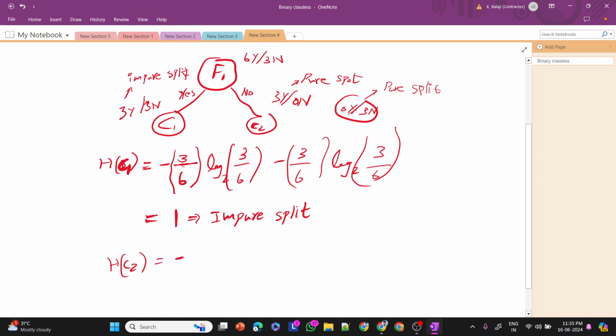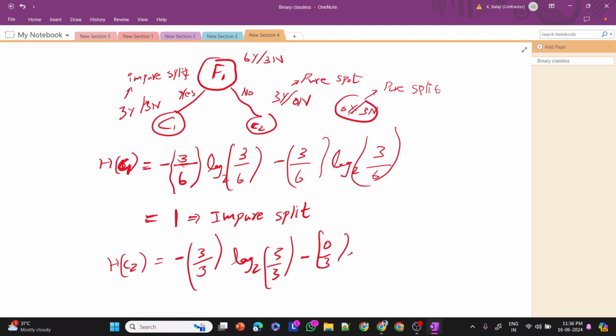Minus probability of positive, which for C2 is 3 by 3, log 2 of 3 by 3, and then minus 0 by 3, log 2 of 0 by 3, since there are 0 no's.